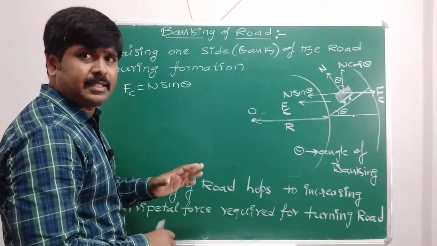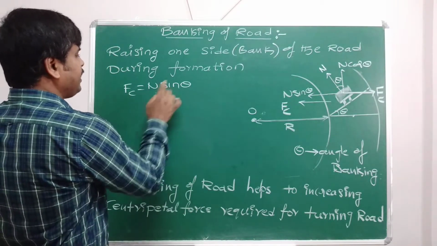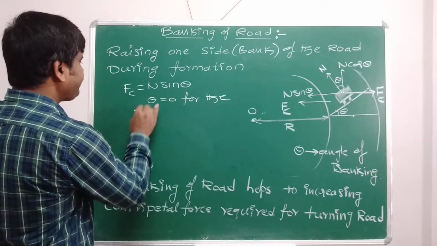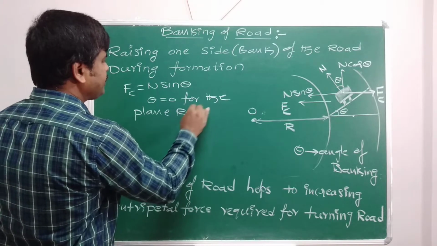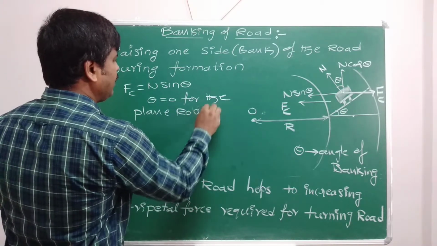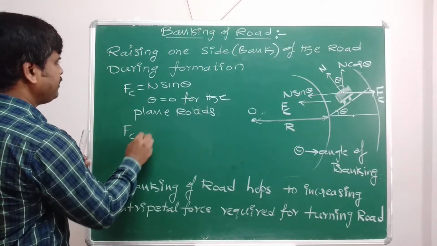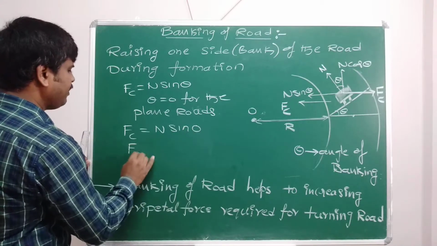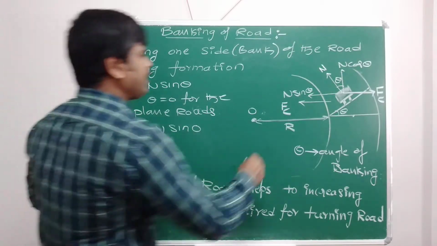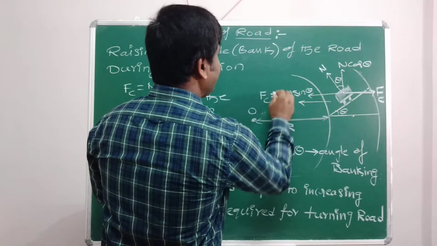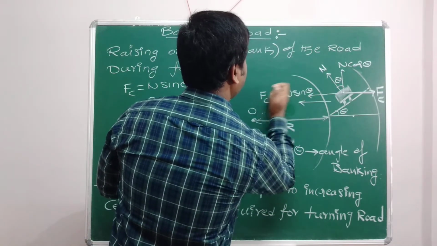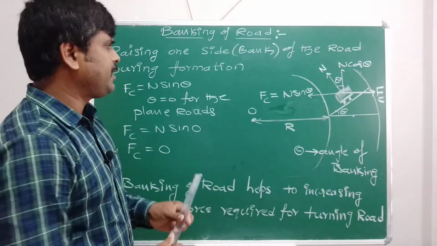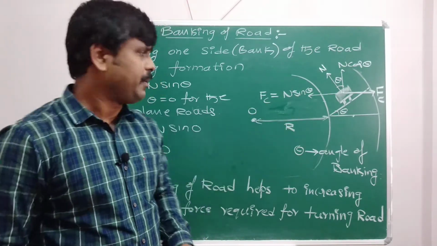Theta is equal to 0 for plane roads. So Fc is equal to N into sin 0, so Fc is equal to 0. Here the centripetal force is N sin theta.